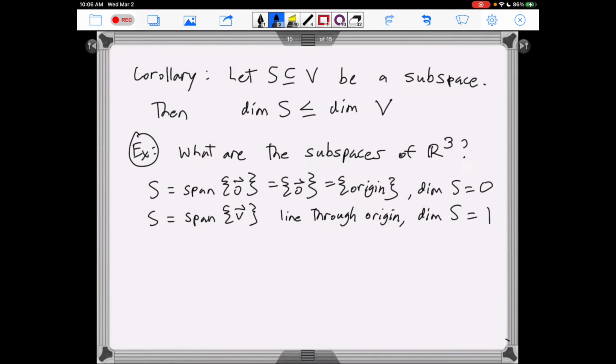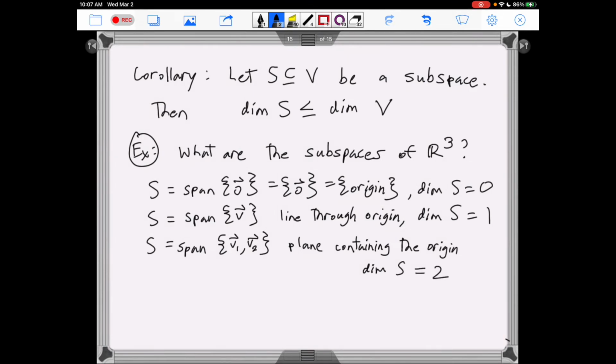Why is the dimension 1? Because there's only one vector in the basis, okay? What if you have the span of two vectors, v1 and v2, and they're linearly independent? Then you get a plane containing the origin. And the dimension is 2. And finally, what if you have the span of 3 vectors and they're all linearly independent?